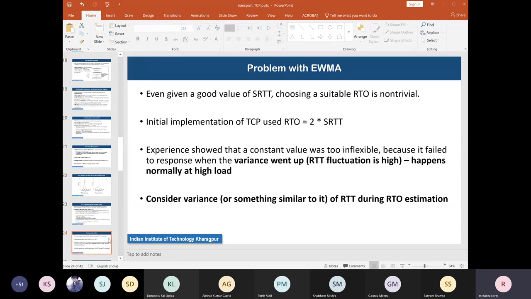But in Poisson arrival processes, where the arrival times follow a Poisson distribution, at high load it can be shown that the variance is high, the RTT fluctuates a lot. So now just a constant multiplication of SRTT to calculate the timeout interval is not correct. So the timeout interval should now take into account the variation of RTT, variance or something similar to it.